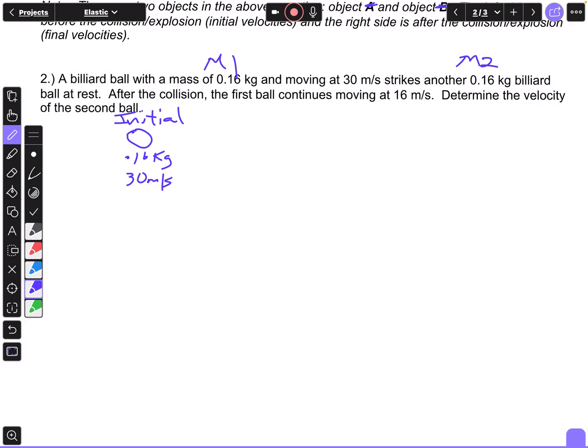Before the collision, this is M2, and it is 0.16 kilograms. And it's at rest, so it is moving at 0 meters per second.